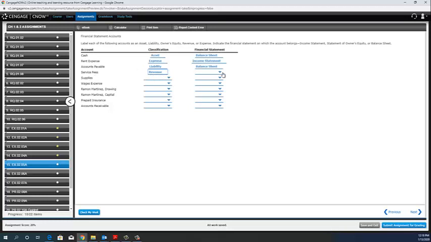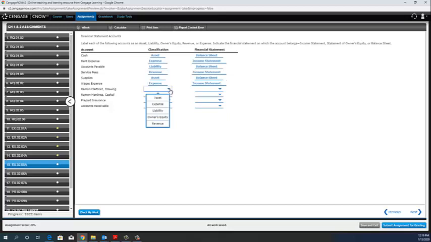So revenues are shown only on the income statement. Supplies. Supplies are assets because they provide future benefit to a company, and all assets are located on the balance sheet. Wages expense is an expense. All expenses are on the income statement.